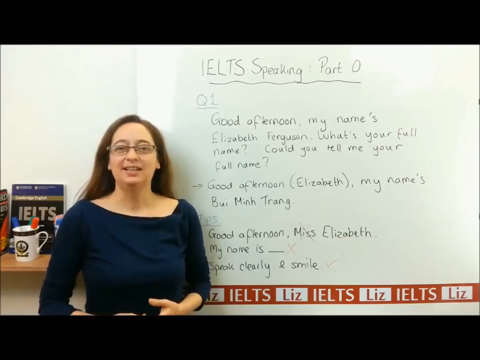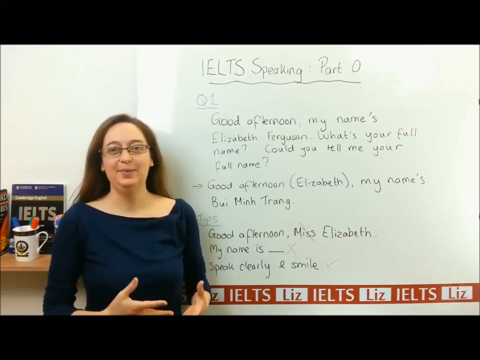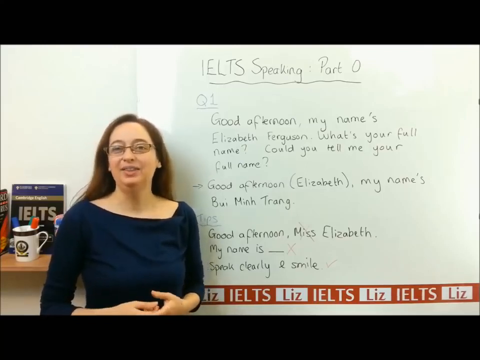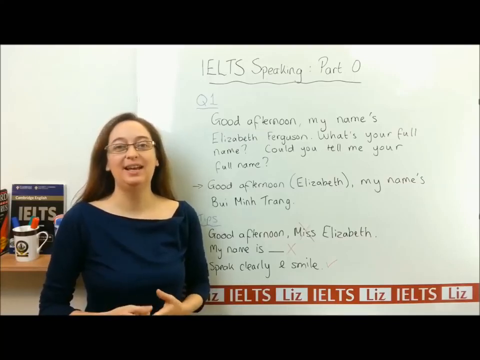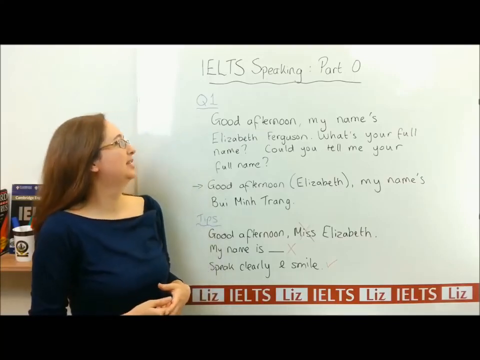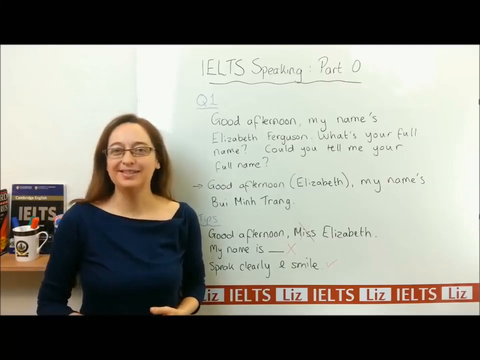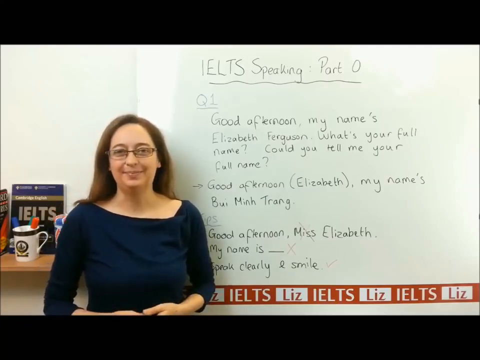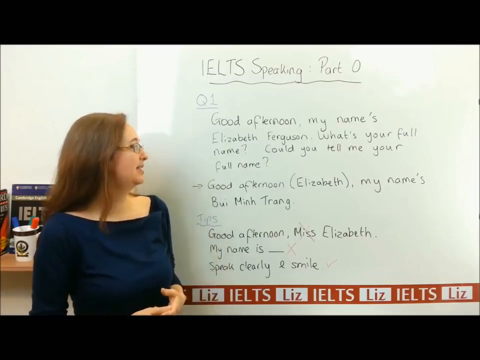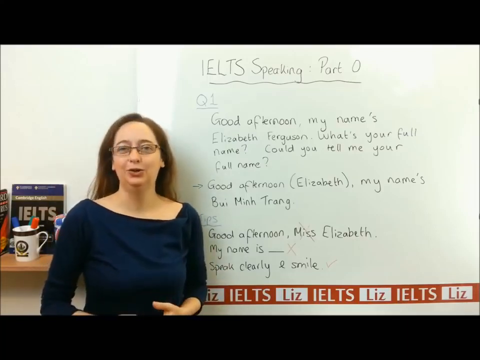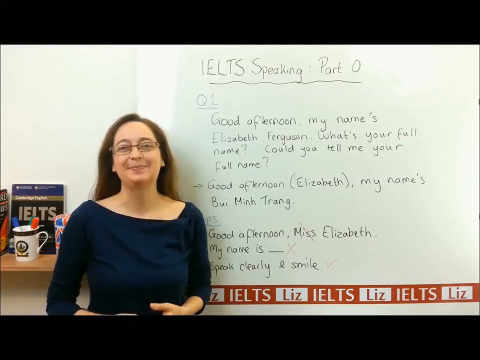In the first question, the examiner will introduce him or herself, and the examiner will give their name. So the examiner is going to say, "Good afternoon, my name's Elizabeth Ferguson. What's your full name?" Or maybe they might say, "Could you tell me your full name, please?"